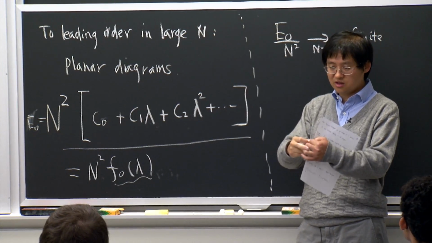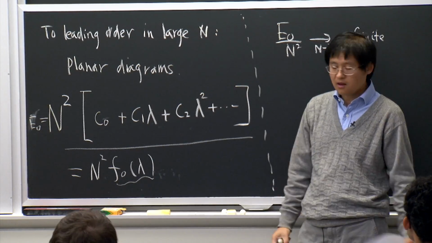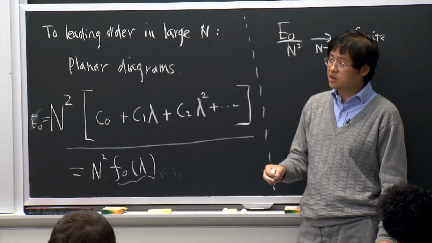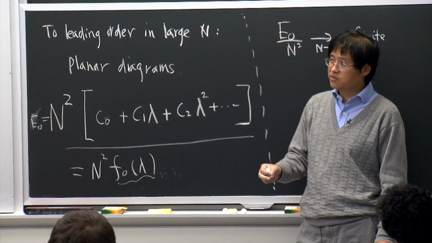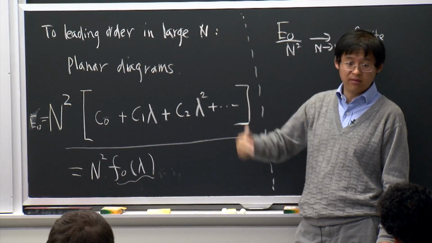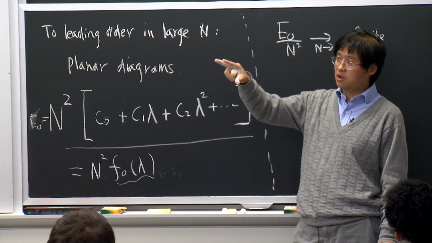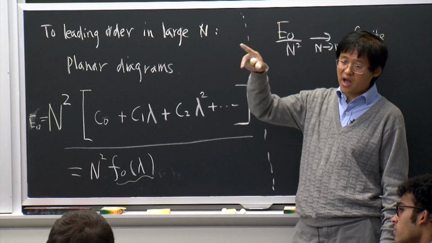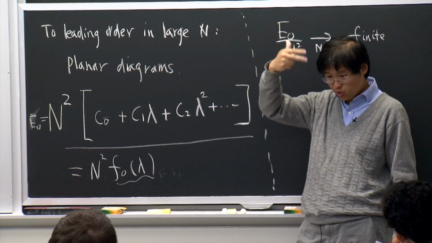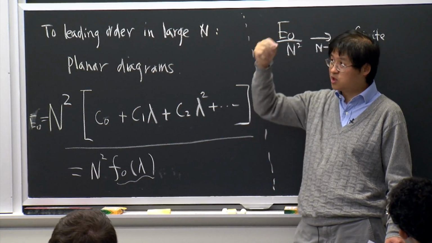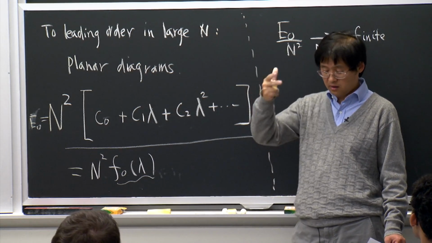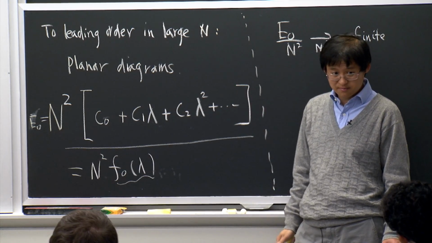The reason it is divergent is because the number of diagrams, when you go to nth order, increases exponentially in n. So the coefficient of g to the power n can become huge. So you essentially have g to the power n times n factorial, something like that. And that series is not convergent.